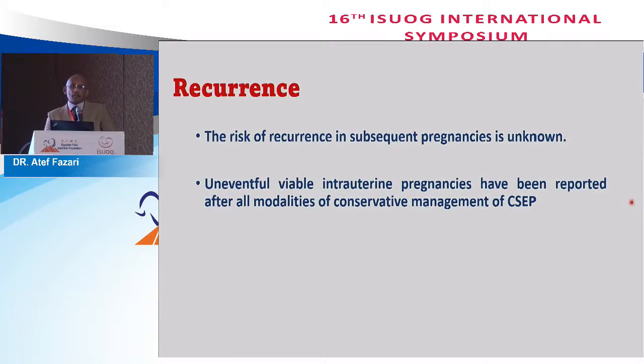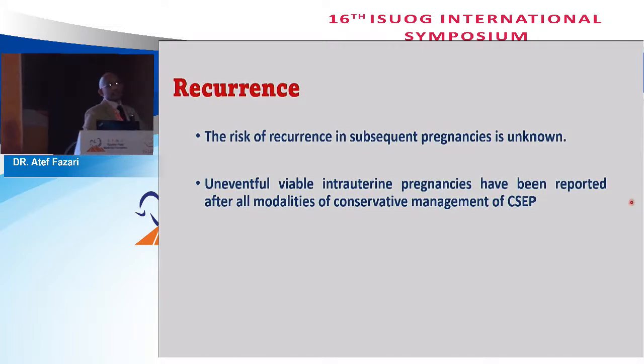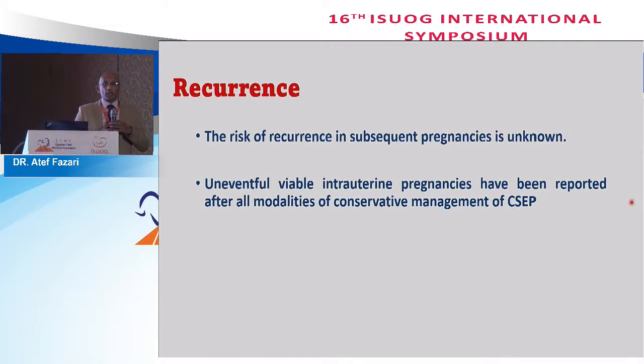But if the patient asks, with a history of scar pregnancy, she can get a normal pregnancy without complications and continue. And the big question: are we going to give her a trial of vaginal birth with this history of previous scar and scar pregnancy, or would we like to go for an elective C-section?